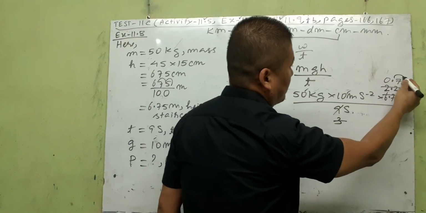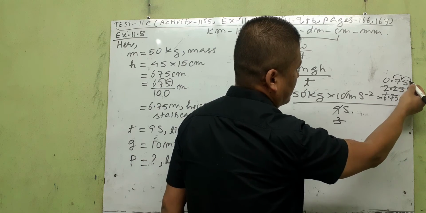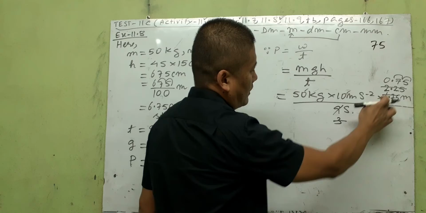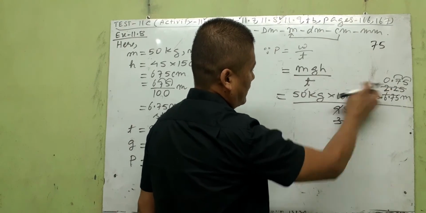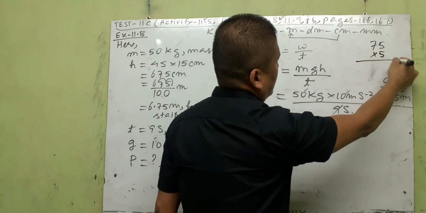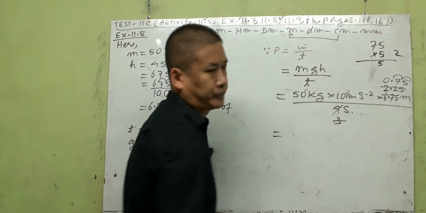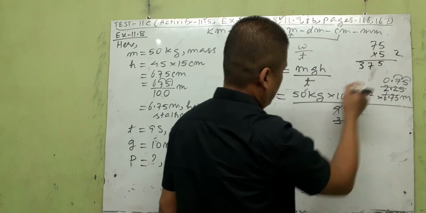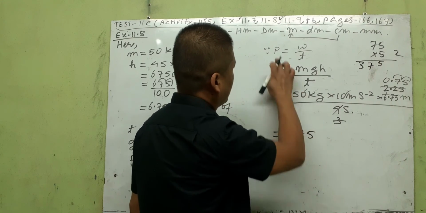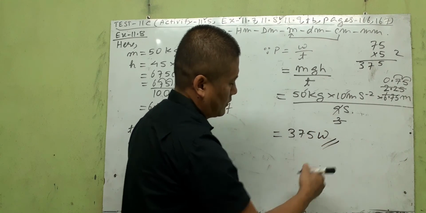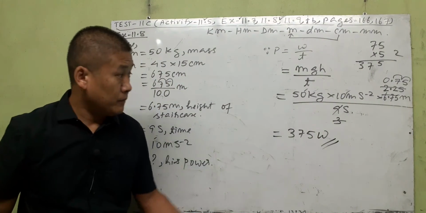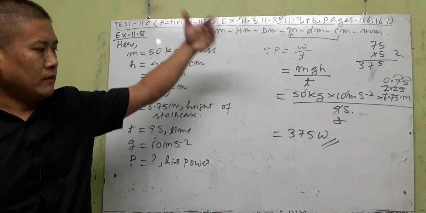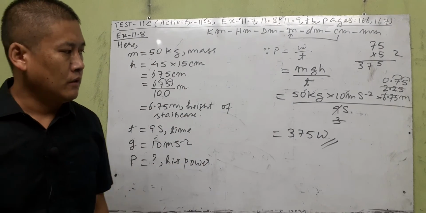Then the decimal will move to the right, so it will become 75. No more zeros, you stop here, then 5 only left. So that's our answer, 375, and the SI unit of power is watt. So the power developed by the boy as he climbed 45 steps above ground level is 375 watt.